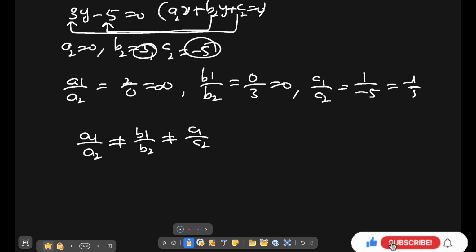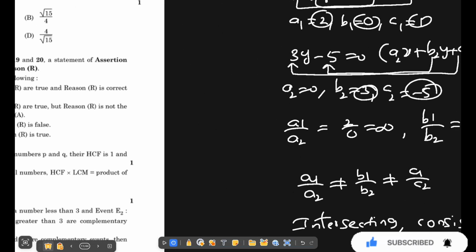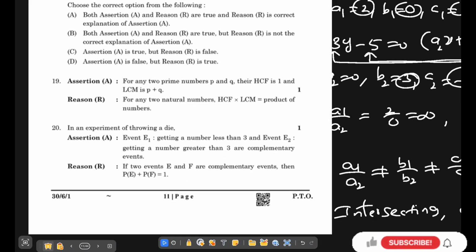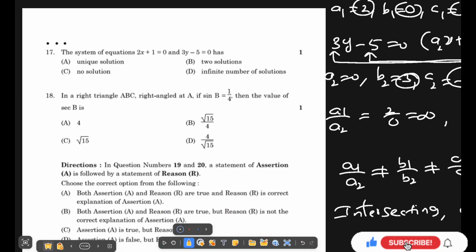So therefore the lines are intersecting: consistent, with a unique solution. So let's go back to the options. Option A is the right answer. Unique solution.